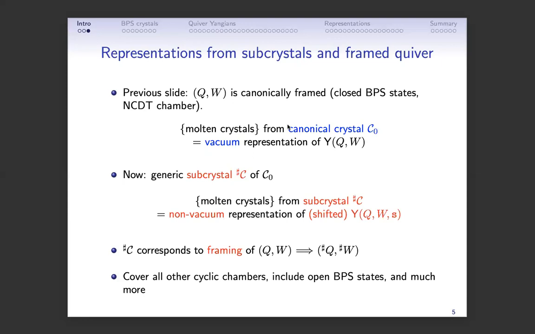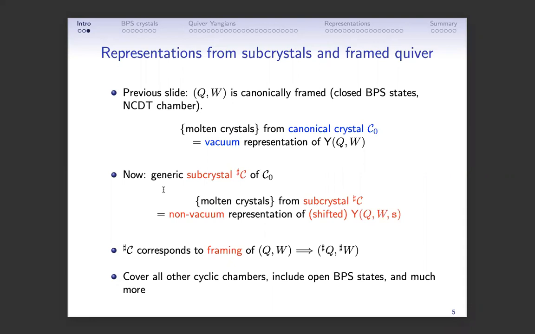For the second part of the talk, I will consider generic subcrystals of this canonical crystal. The molten crystal from a subcrystal corresponds to a non-vacuum representation. It's also not the original quiver Yangian, but you can get some shift.